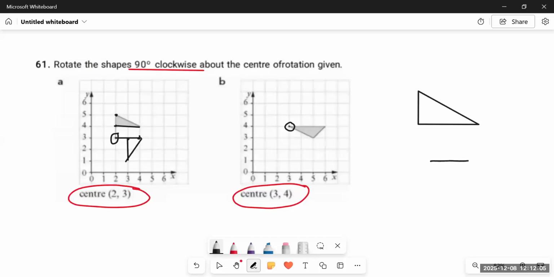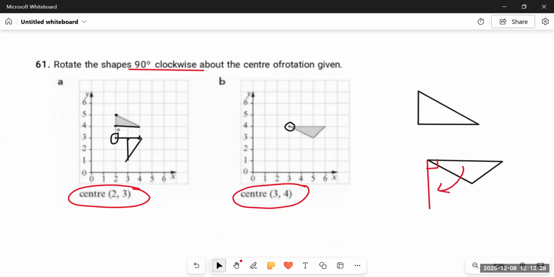So if I draw a triangle like this, and I have to rotate it 90 degrees, how would it look after a 90-degree rotation? A 90-degree rotation means I have to draw a line, okay? Make a 90-degree angle over here and we have to rotate it in this direction. So it would look like this.